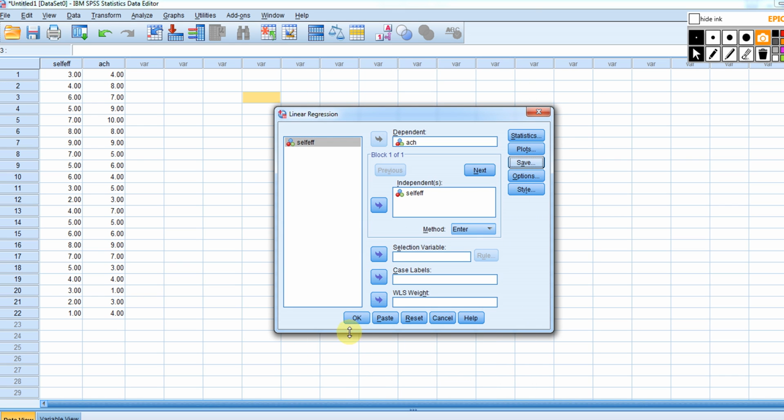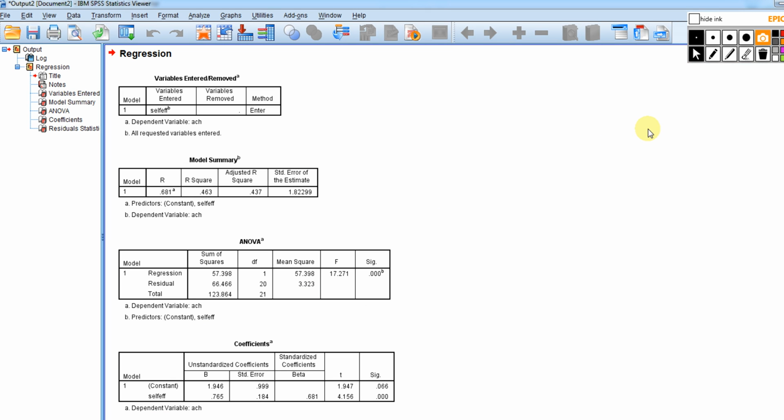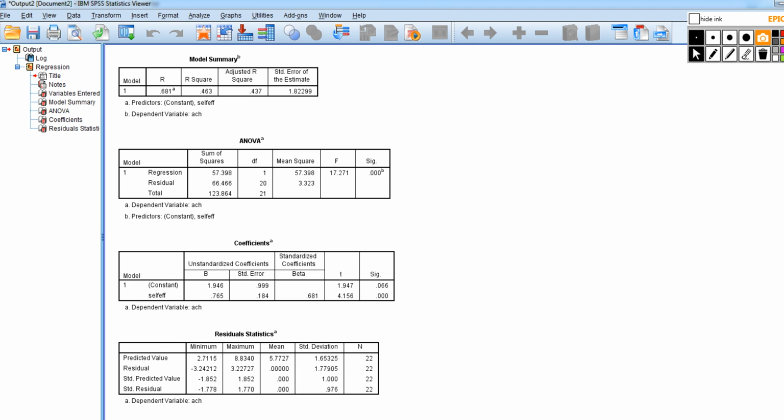I'm going to click on OK, and you'll notice several pieces of information when I run the analysis. First of all, we have our R-square value, which tells us the proportion of variation in the criterion variable, in this case achievement, accounted for by self-efficacy, our predictor in the model.